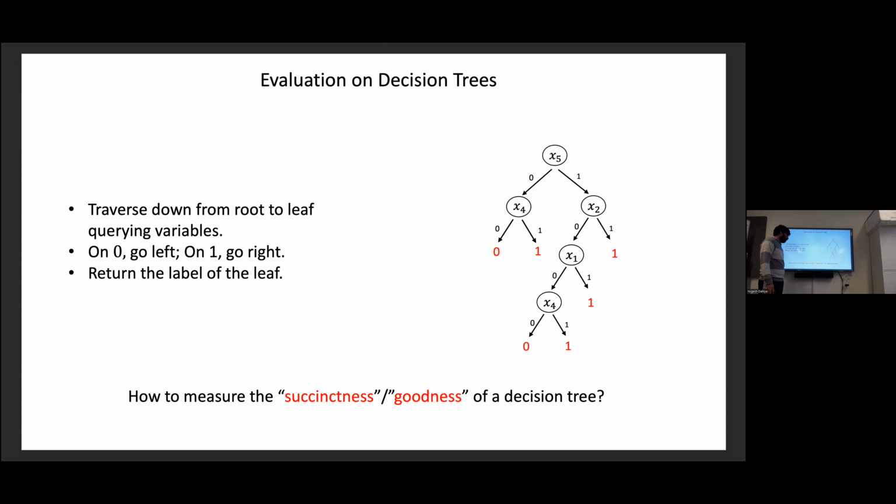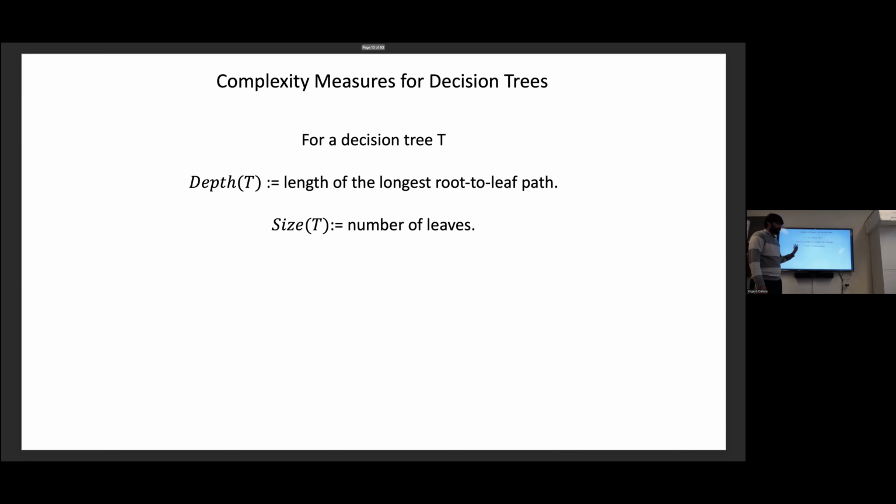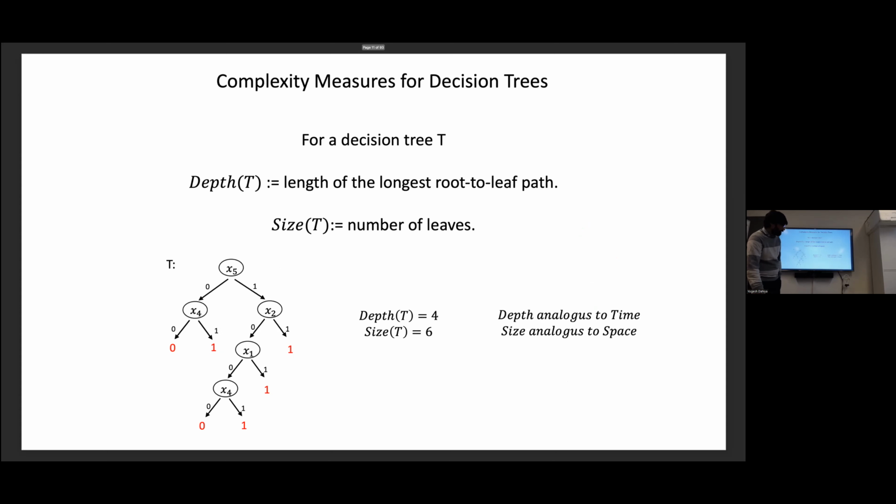Now we would want to find a succinct representation of our Boolean function in terms of decision trees. First, we have to define what succinctness means, and there are two complexity measures which everybody studies. One is the depth measure, another is the size measure. The depth is the longest root-to-leaf path in a decision tree, and the size is the number of leaves in the decision tree. Depth tells us in the worst case how many queries I'm going to make.